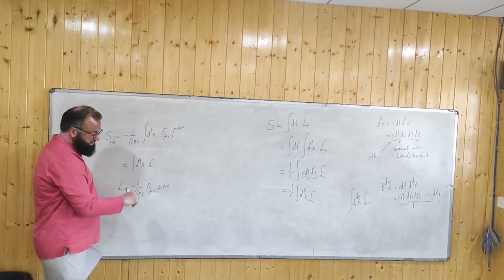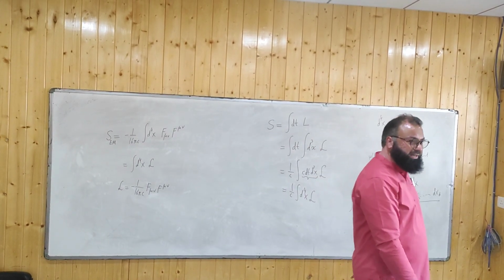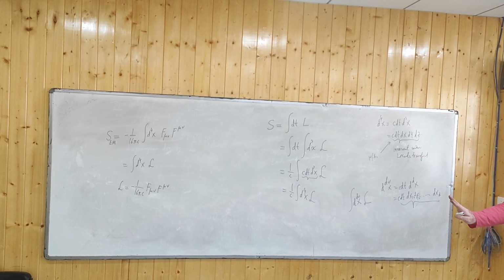In other words, this is a constant to match the electrostatic units, because in our course we have used electrostatic units throughout. Clear? So this is the Lagrangian density. Any question till now?